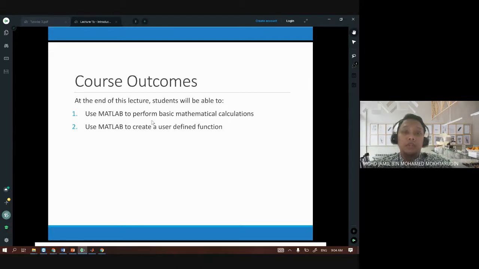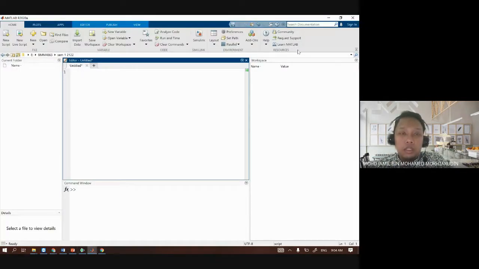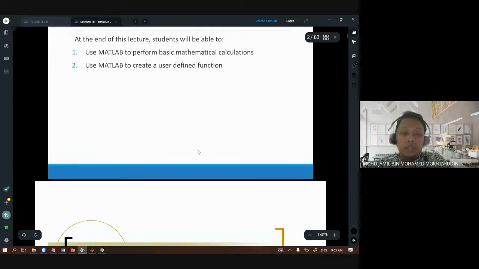MATLAB uses similar commands to C programming, but the difference is that the software is more friendly, or the programming is more friendly compared to C programming.